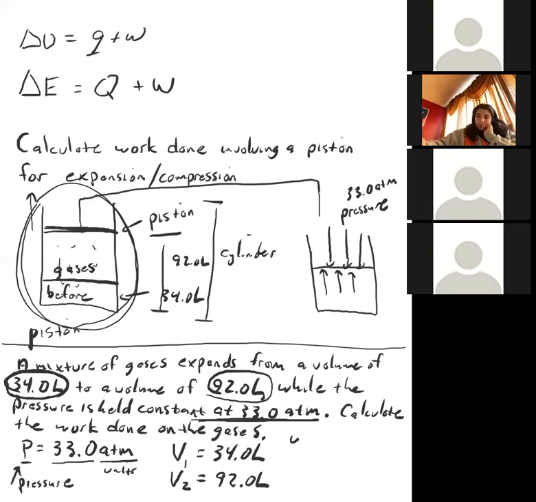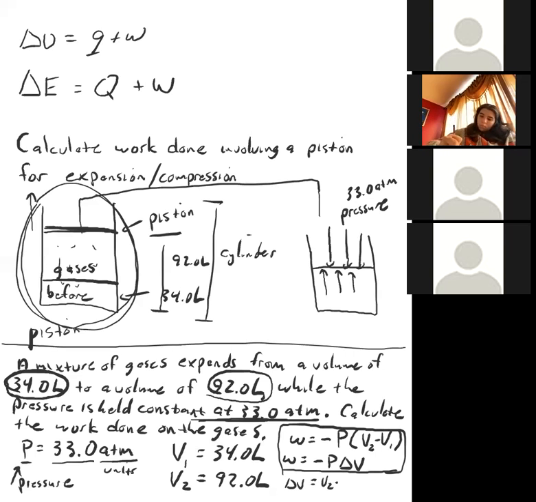The work for this type of problem is minus, it's got to have a negative in front of it, P times (V2 minus V1). Sometimes this is written as minus P delta V. You'll see it this way as well. When it's written that way, what they mean is that delta V is V2 minus V1.